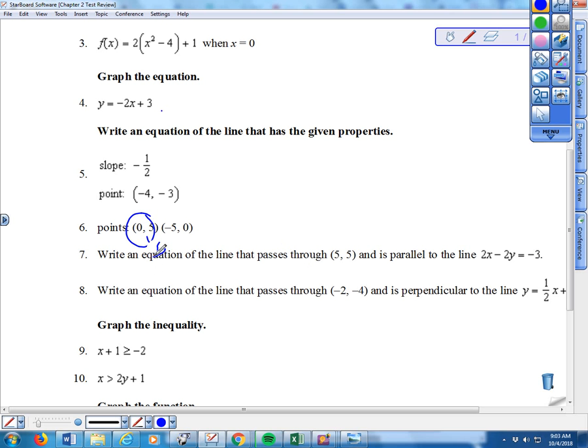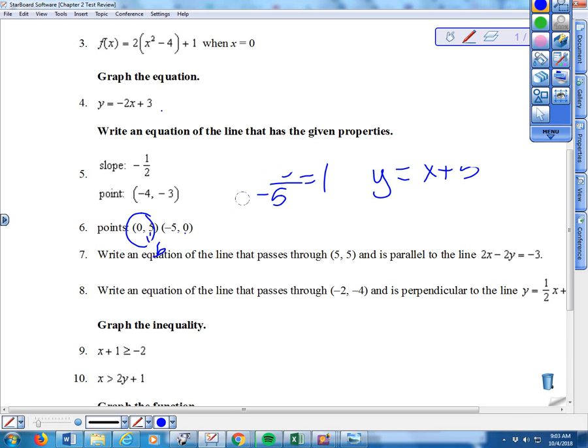So now I just need to find the slope. 0 minus 5 is negative 5. Negative 5 minus 0 is negative 5. So my slope is 1. And I'm done. It's really nice when they give you the y-intercept, but you have to be able to recognize it. Otherwise, you're going to be plugging a point in and solving for b. You'll get the same thing. It's just going to take more time.